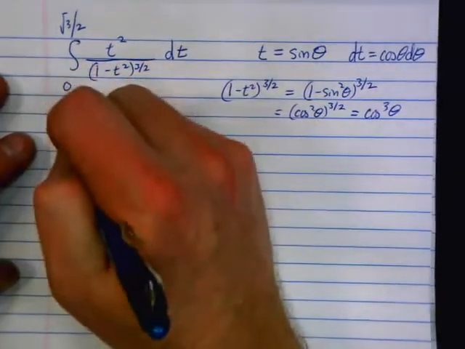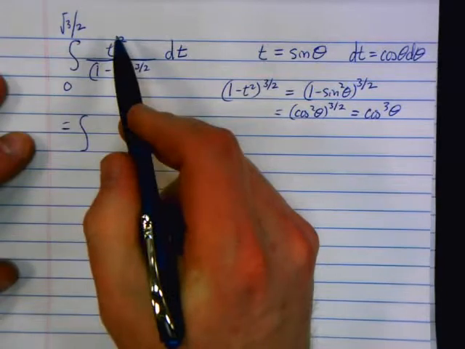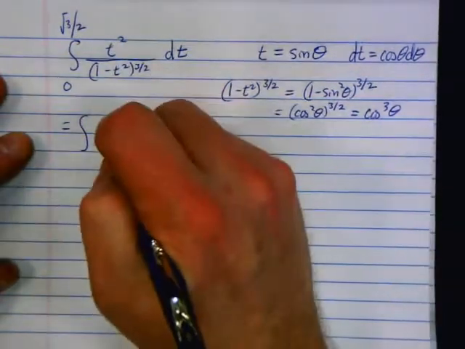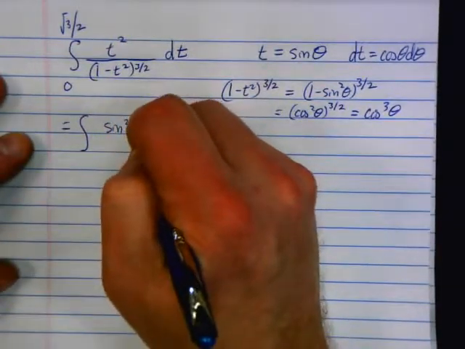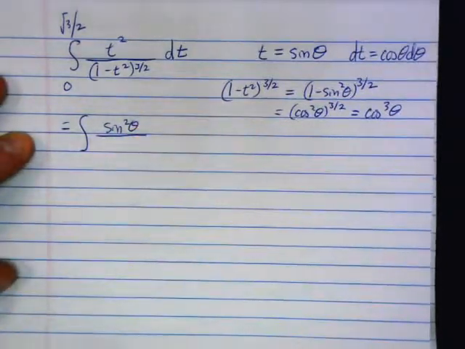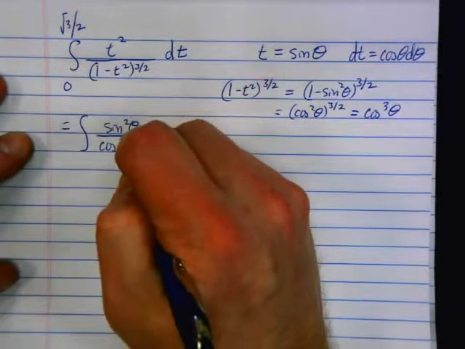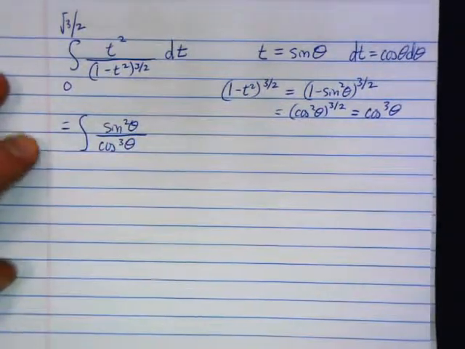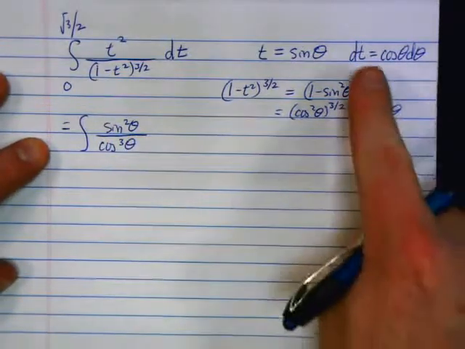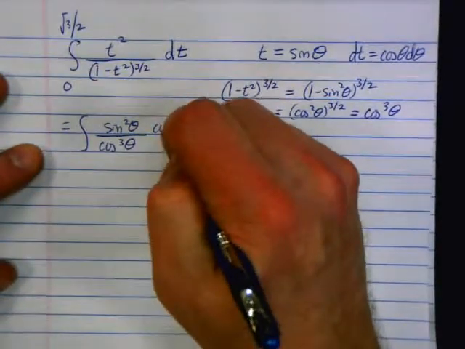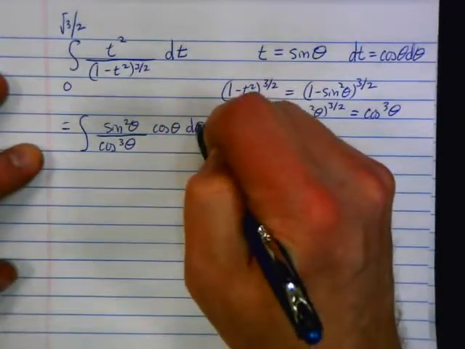Okay, so we're going to have the integral. T squared. T squared is going to be sine squared theta. Divided by that ugly thing on bottom we discovered was cosine cubed theta. And then dt was cosine theta d theta.